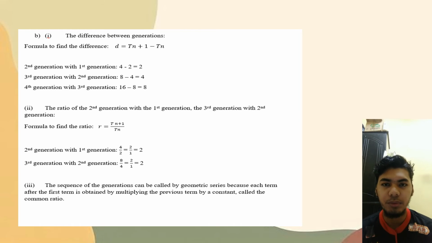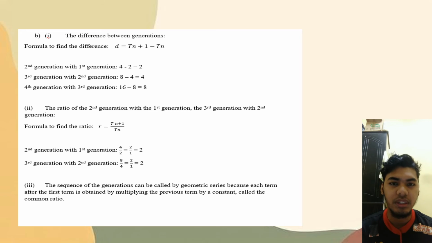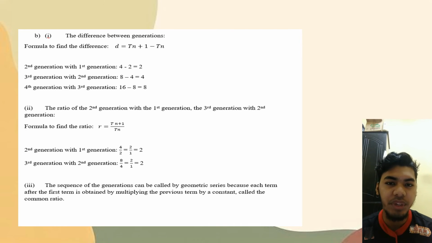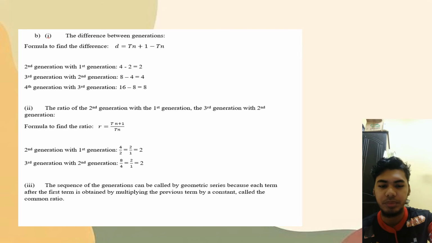The first generation n plus 1 means the second generation. So the second generation has 4 new members, minus Tn, which is the first generation. The first generation is 2 members. So 4 minus 2 is 2.